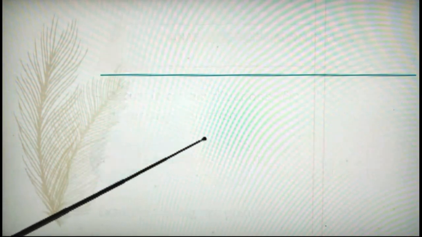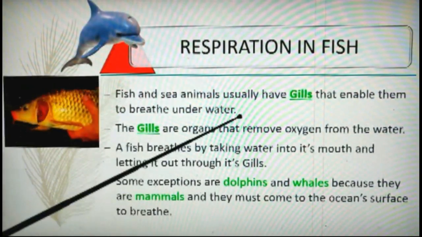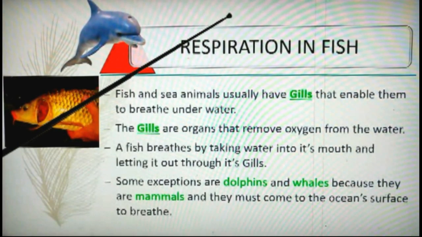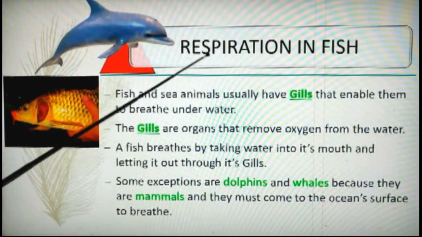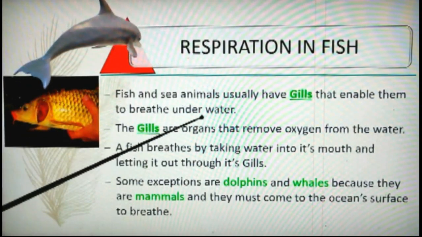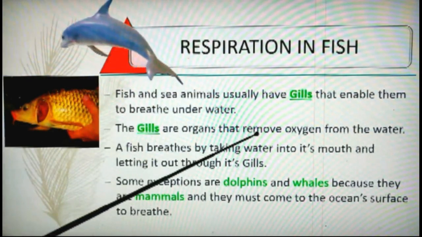Now, we can move on to how respiration takes place in fish. As we all know, fish is an aquatic organism. So when I ask you this question, can you name a respiratory organ in fish? Then you all may say that they are the gills.